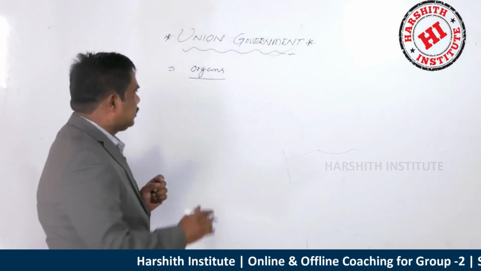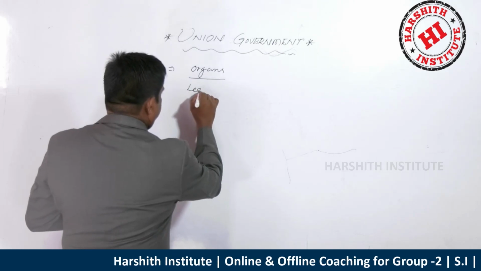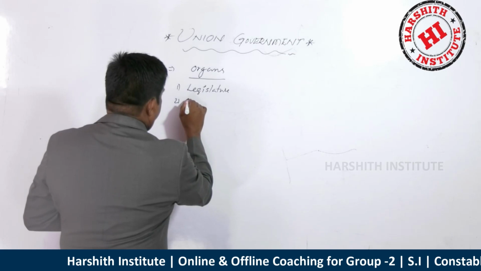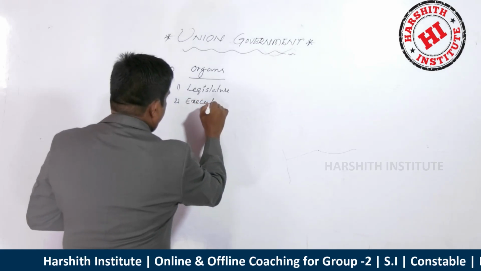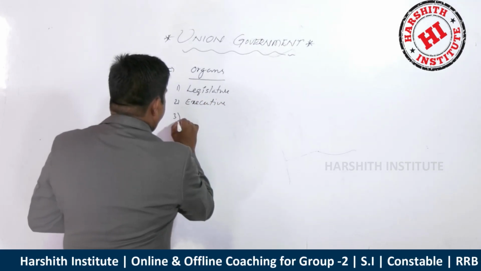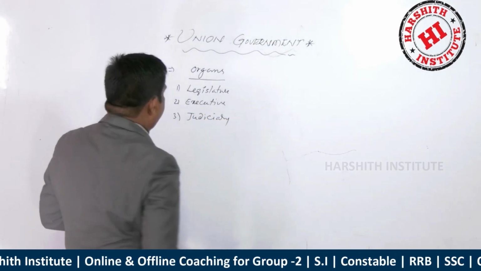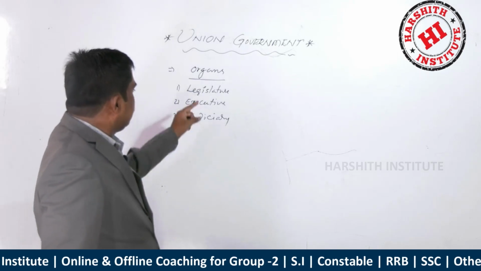What are the three organs? One, legislature; two, executive; three, judiciary. This is called the organs of the government.